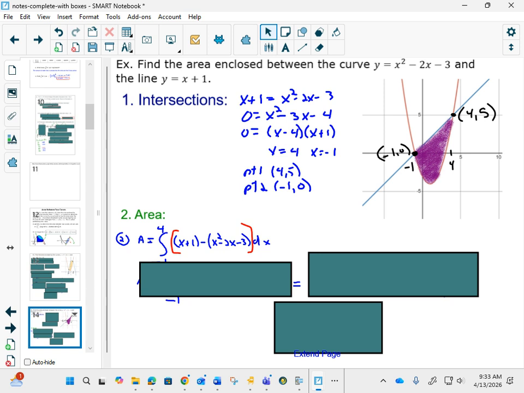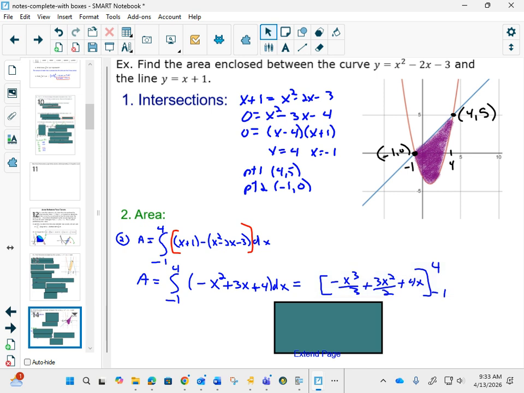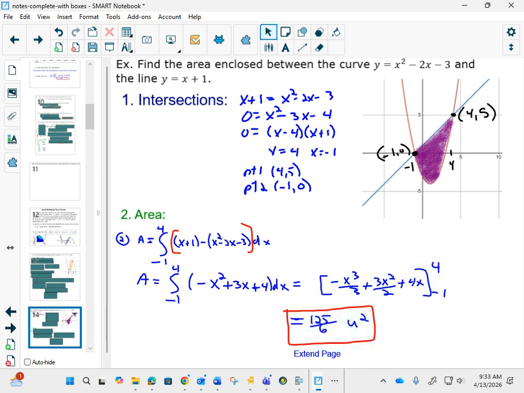It's like, oh, I meant to put absolute values around this the whole time. Again, it makes life easier if you simplify first. Simple integration. Don't show all the work. Just write the answer down. We get 125 over 6.